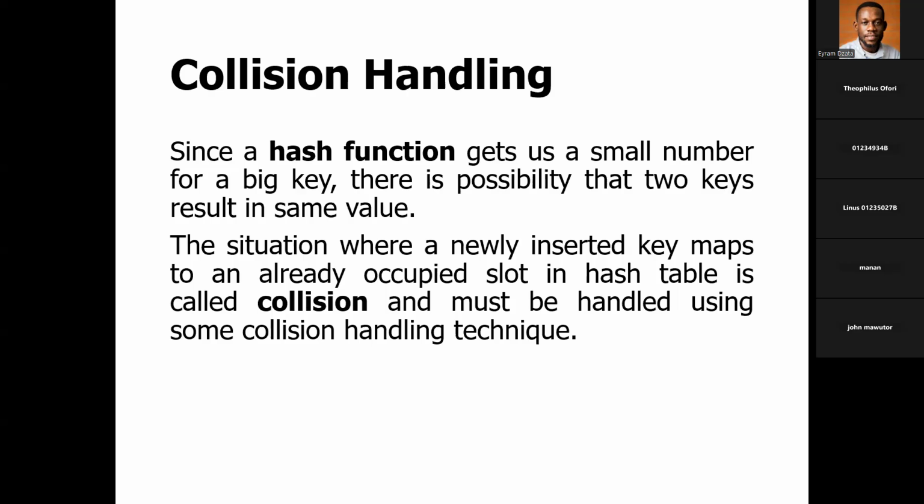Like we saw with the example, employee 2 and employee 3 having their hash value as 9. That results in what we call collision. The situation where a newly inserted key maps to an already occupied slot in a hash table is called collision and must be handled using some collision handling techniques.